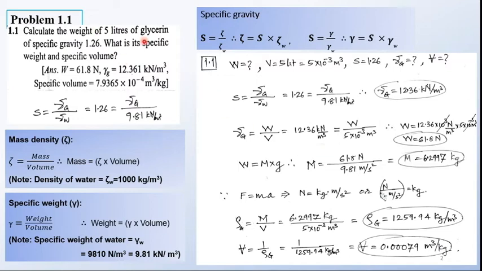So 5 liters is 5 into 10 raised to minus 3 meter cube. From this we can calculate weight. Meter cube and meter cube cancel off, you'll be left with only kilonewton. So W is equal to 12.36 multiplied by 5 into 10 raised to minus 3. If you work out, it comes 12.36 into 5, so it is 61.8 newtons.